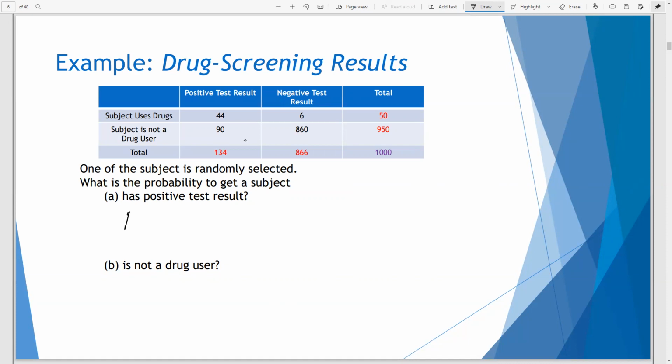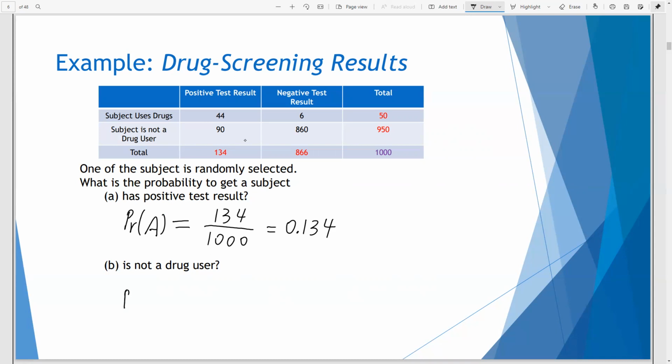So the probability of a positive test result is 134 positive test results possibly to be chosen out of those 1,000 subjects. You can reduce the fraction or divide it, either way works. If it's a finite result, just keep it: 0.134. If it's an infinite result, for probability I wish you to keep at least 3 or 4 digits of decimal.